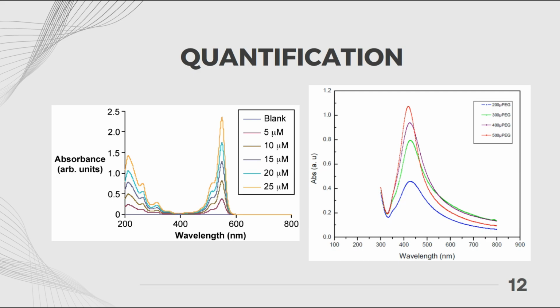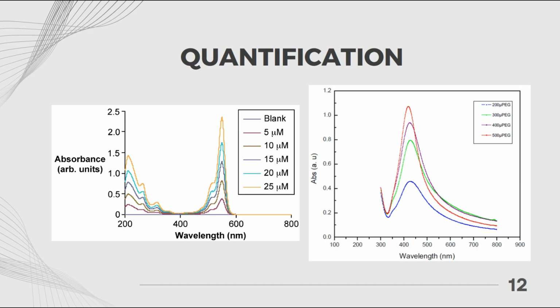And quantification. So we use once again Beer's law, Bouguer-Lambert-Beer's law, which states that the absorbance is directly proportional to concentration. Here you see two examples of spectra of the same compound, but of different concentrations. Let's follow this. The orange one is the most concentrated solution, and we go down, down, down with the concentration.